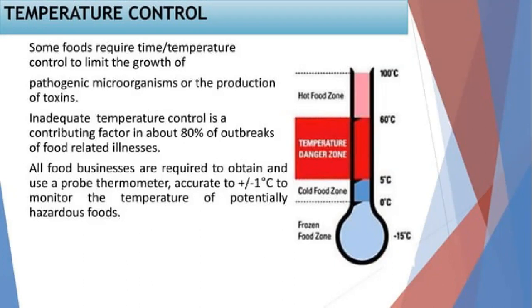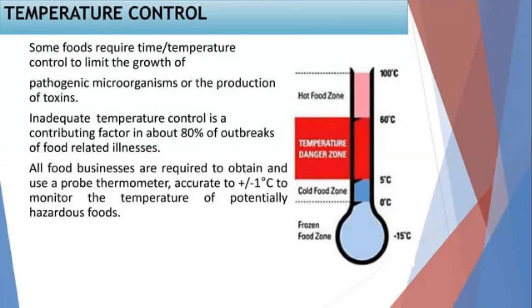The refrigeration units should have accurate temperature controls and regular monitoring, whereas cooking temperatures are very crucial to kill harmful bacteria. We all know that, but poultry, ground meat, and other hazardous foods should be cooked to a specific internal temperature, often ranging from 74 Celsius to 85 Celsius.